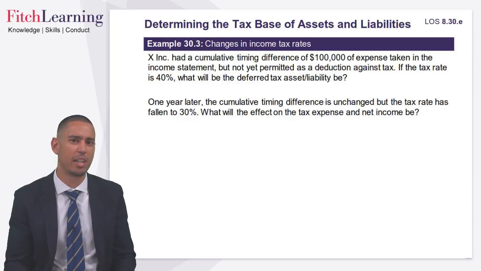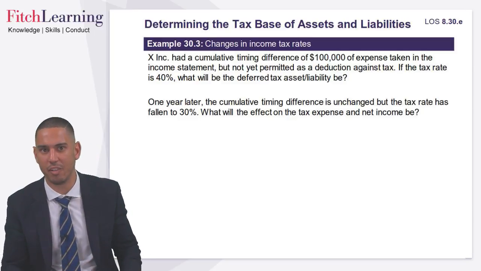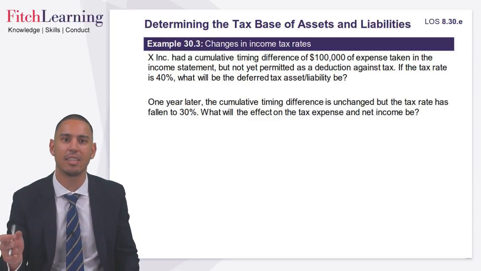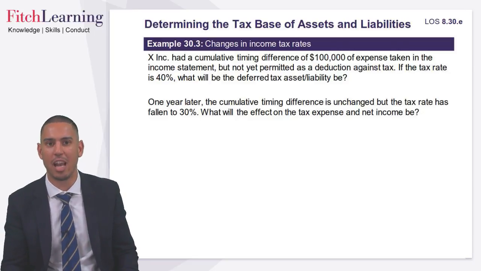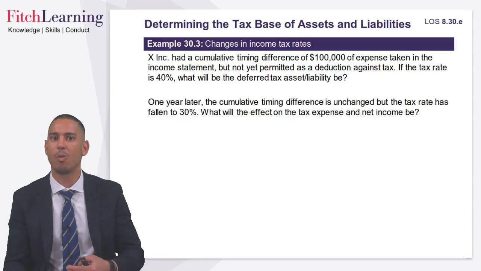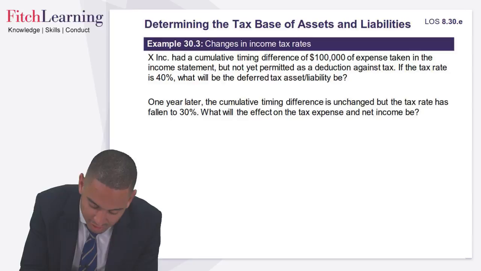Another thing that they can quickly talk about is a timing difference, and what happens when tax rates change. What I want you to have in your head is, if a tax rate changes, then that will increase. And let's say the tax rate here falls.